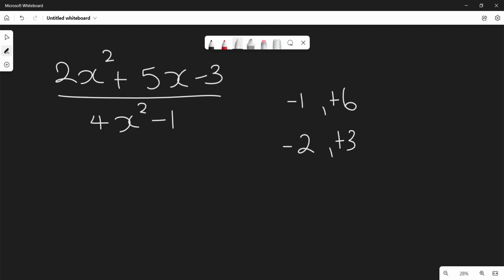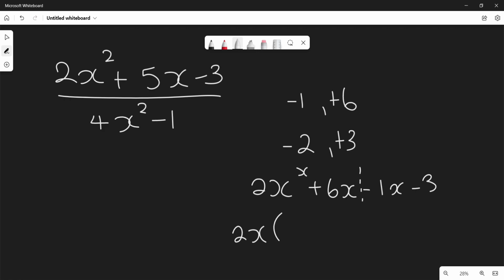We know that the sign of the larger number is positive and the signs are different. So then our factors would be 2x squared plus 6x minus 1x minus 3, right? So we'll take out 2x, we'll have, my bad, I didn't realize.